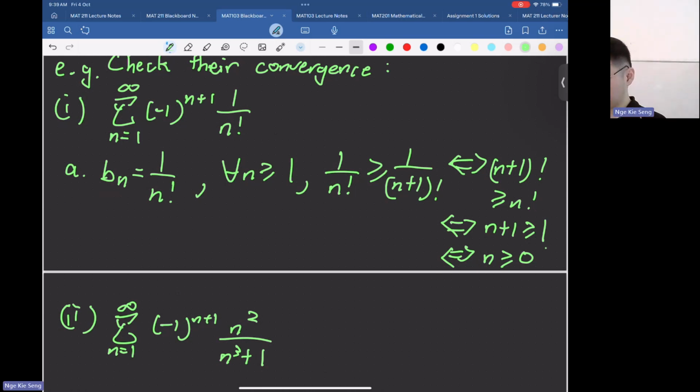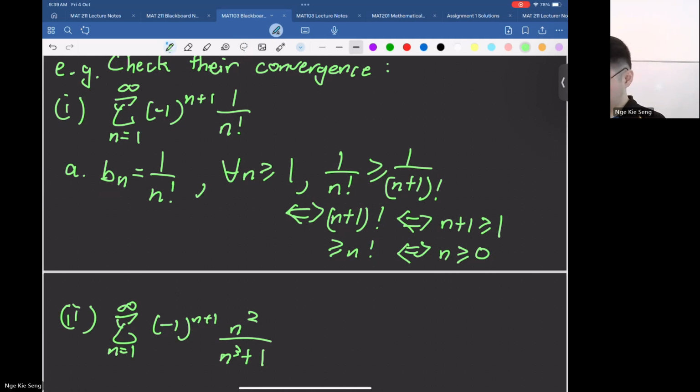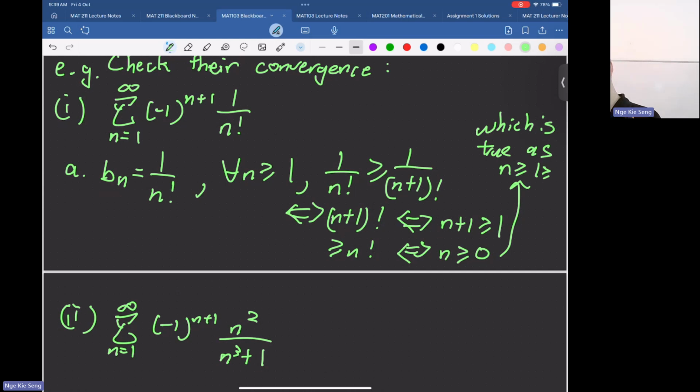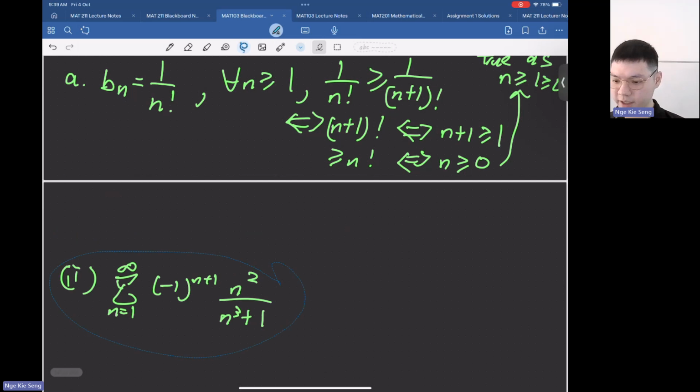So I will say that this is true as n is greater or equals to 0. Okay, and what else? What else you need to check?